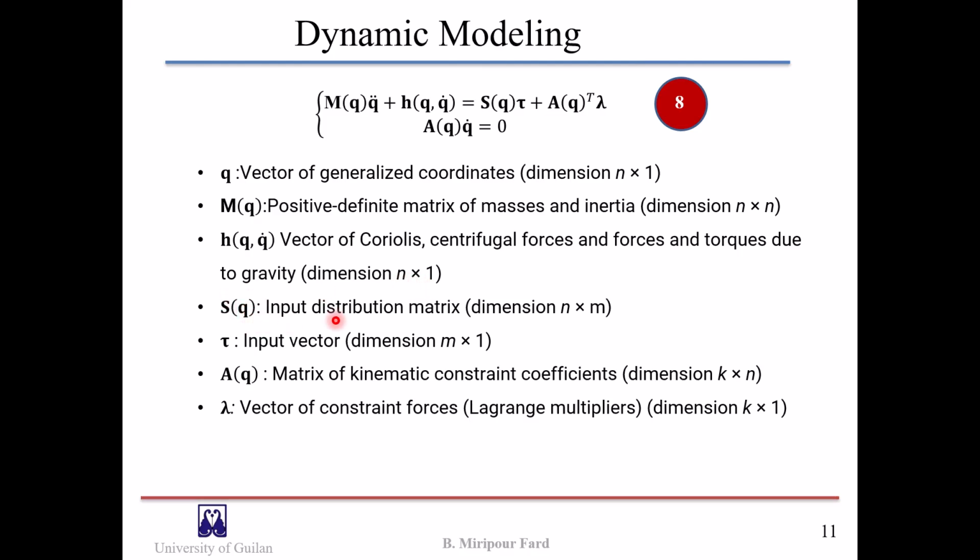S is the input distribution matrix, and the dimension is n by m. Tau is the input vector, and its dimension is m by 1. A is a constraint matrix, and as we have seen, if we have k constraints, its dimension will be k by n. Lambda is the vector of constraint forces, or Lagrange multipliers, and its dimension is k.